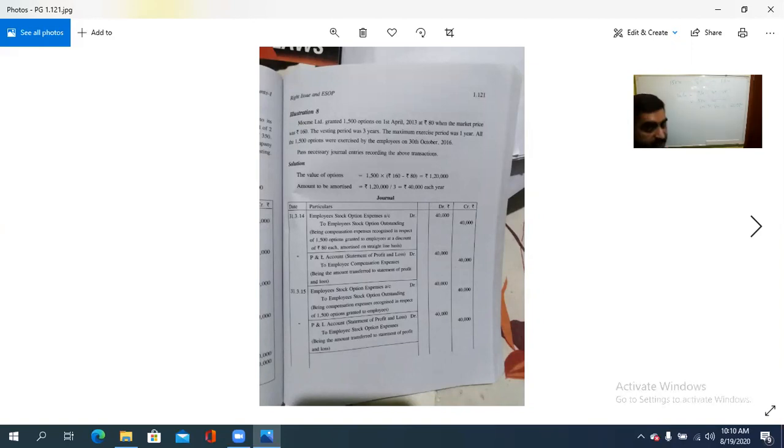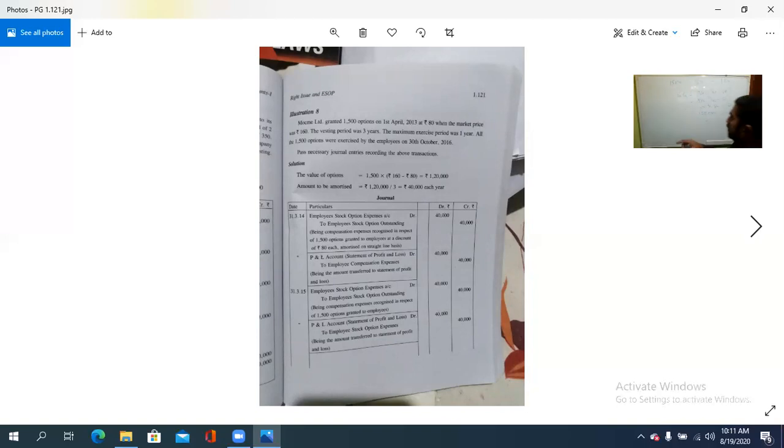So what is that? Amount to be amortized. Amortized means allocated. So the amount to be amortized for the 3-year vesting period is equal to 1,20,000 divided by 3, which is 40,000 each year. We need to pass the entry. 80 is the exercise price, 160 is the market price, 1,500 options are there.